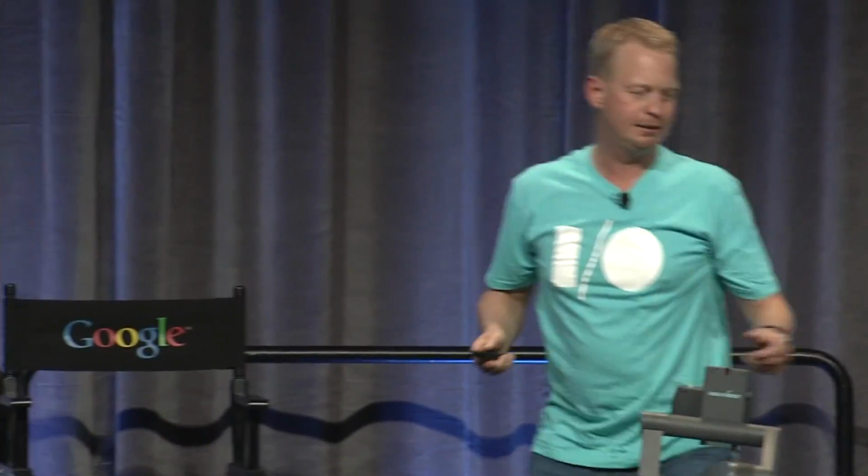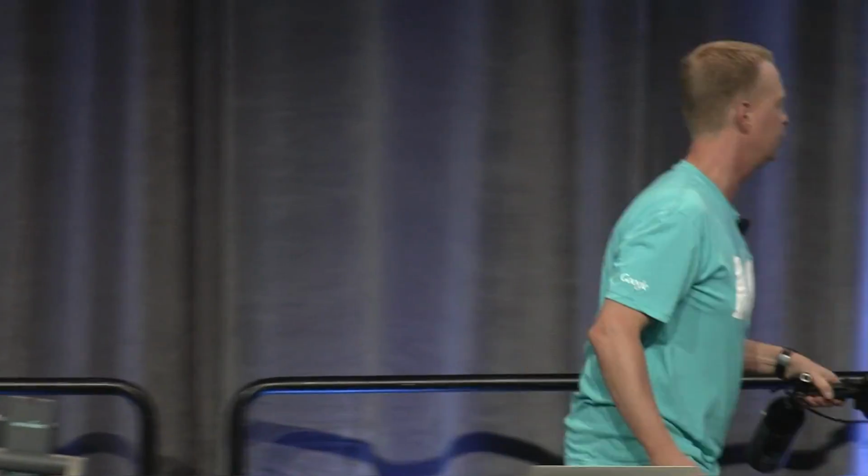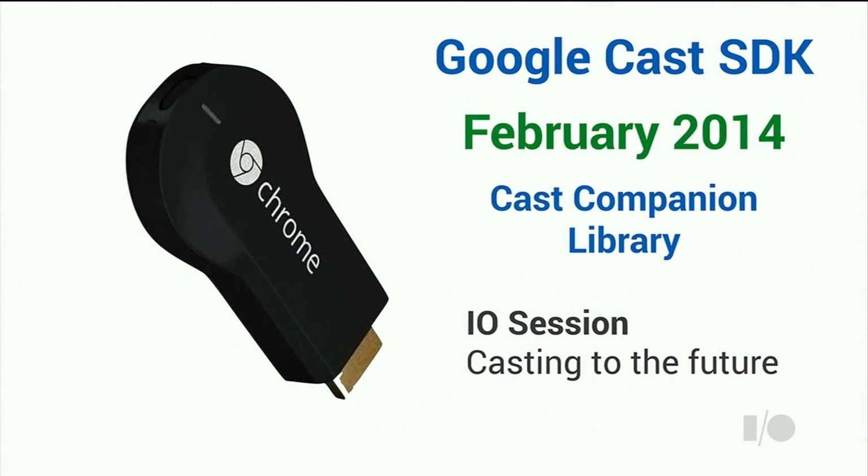All right, let's move over to Google Cast SDK. The Google Cast SDK was released in February 2014. This is amazing, right? Suddenly your mobile device, your Android device, becomes a remote control for any Chromecast-enabled TV screen. It's quite amazing, I think, what you can do with it from an application perspective.